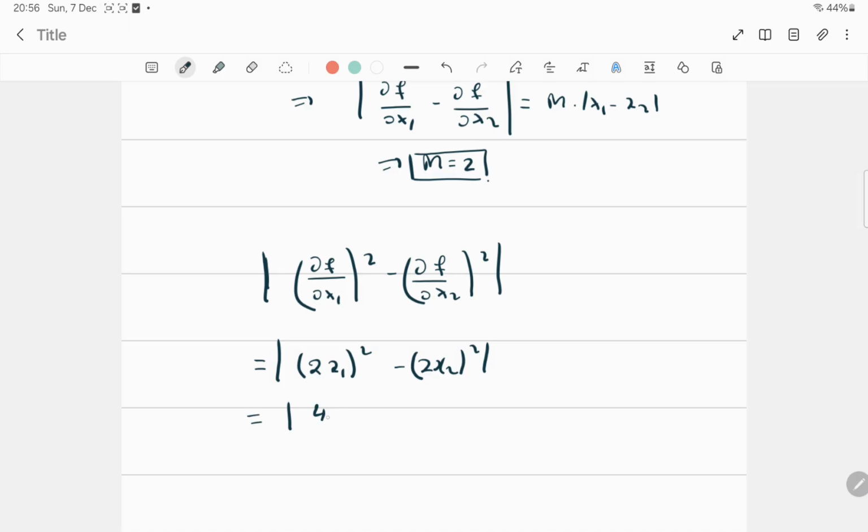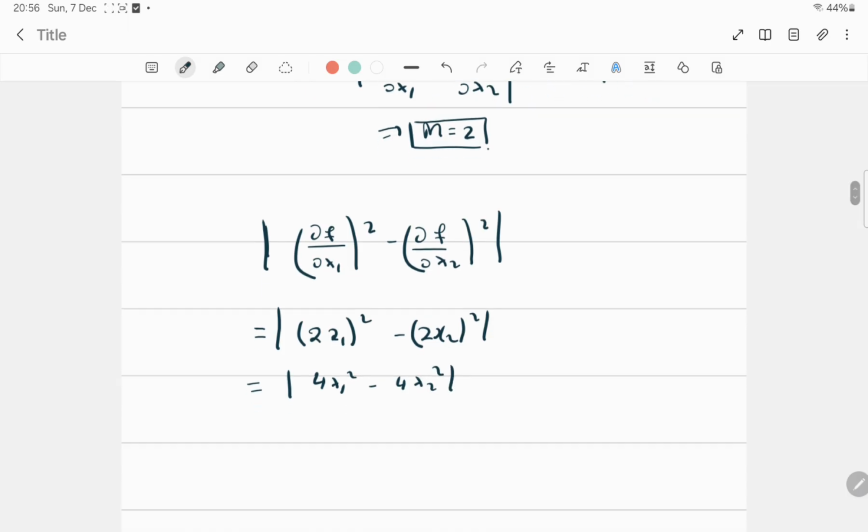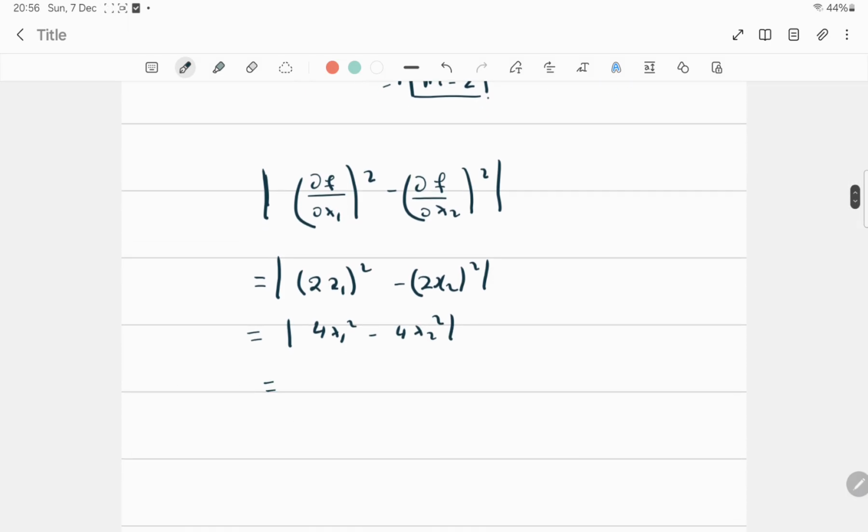That's going to be 4x1 squared minus 4x2 squared. I take the common factor 4 and I have x1 squared minus x2 squared.